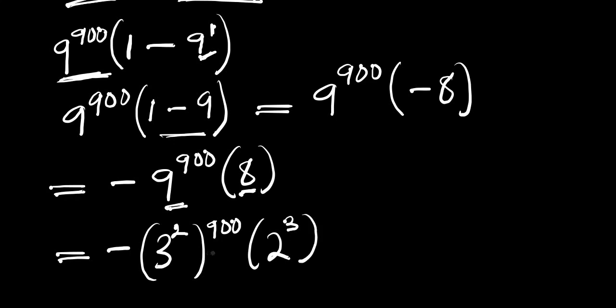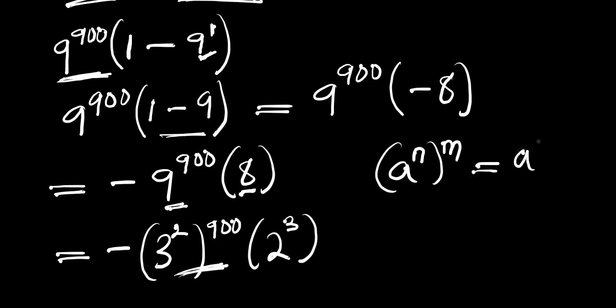Now, let's apply one known identity right here. If you have a to the power of n, all to the power of m, this equals a to the power of n times m. So we are going to multiply this exponent out.